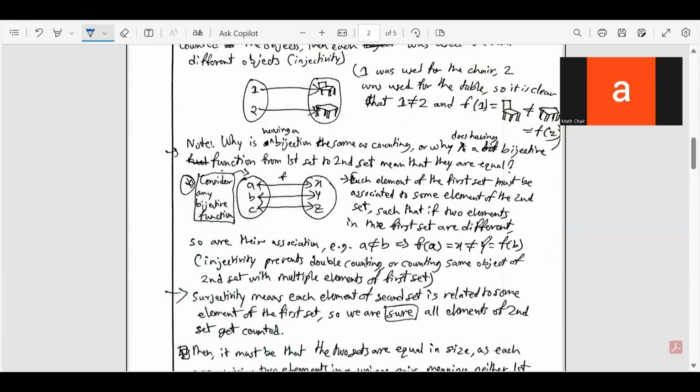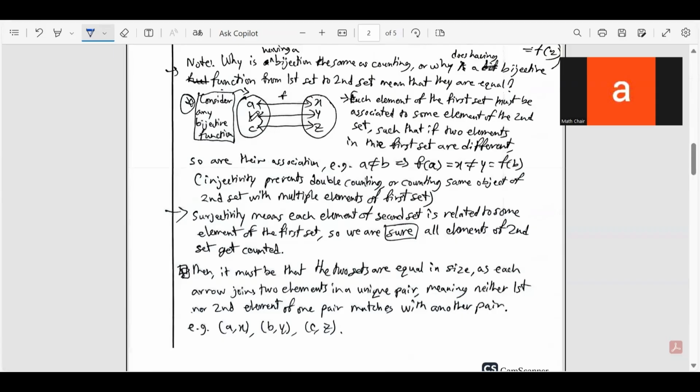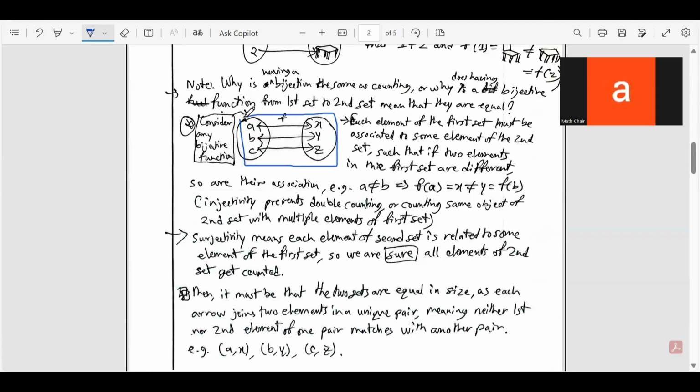So let's consider these two sets. Let's say the first set has the elements A, B, and C, and the second set has the elements X, Y, and Z. So this function here is a bijective function. If so, the pairs that we produce look something like this. We have A and X being related, B and Y being related, and C and Z being related.